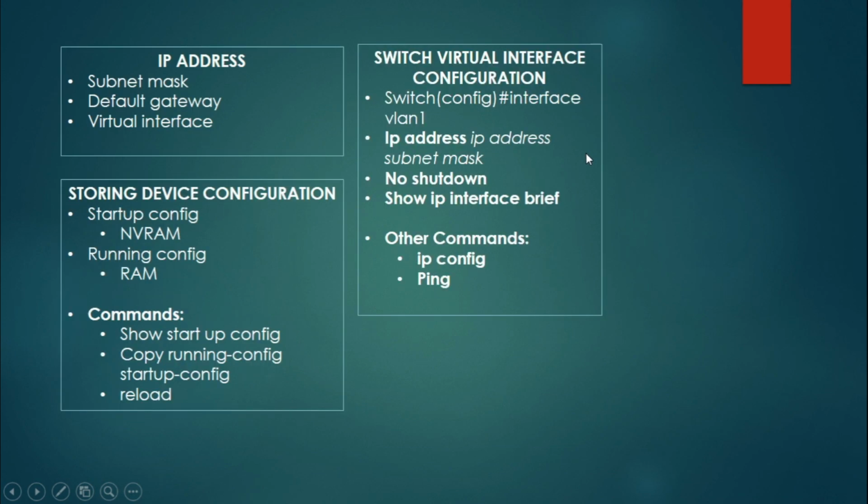Next we have the IP address. For an IP address, we have a subnet mask. We have private addresses and public addresses. Private addresses start with 172, 192, and also 10. If an address does not start with 172, 192, or 10, it is a public address. We also have the default gateway and the virtual interface.